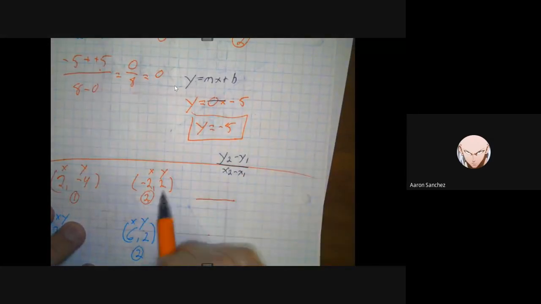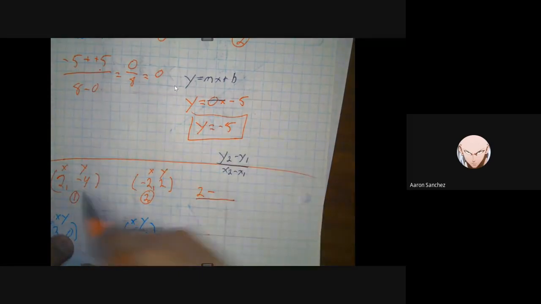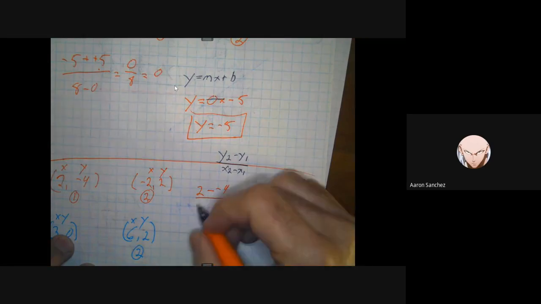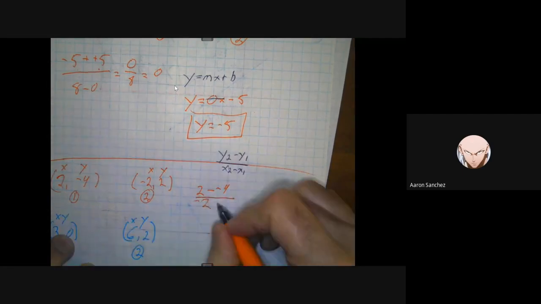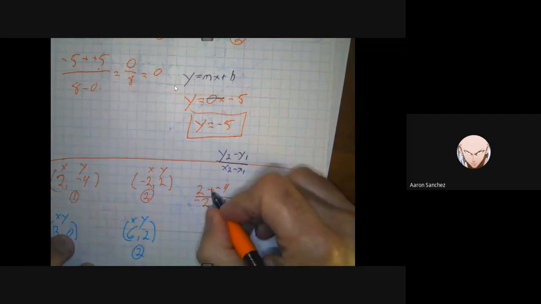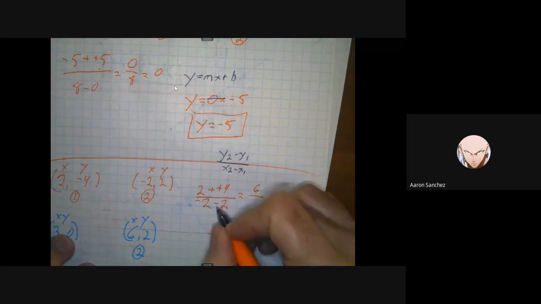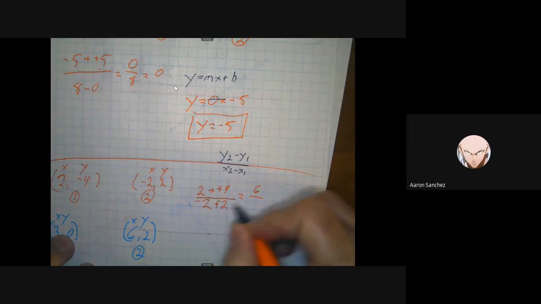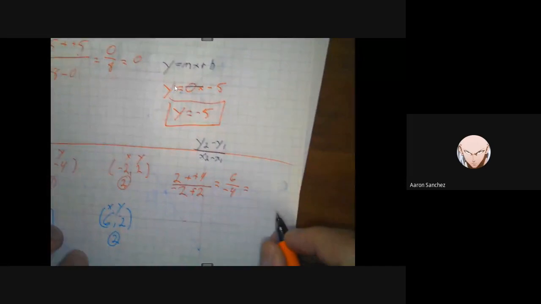Okay, so let's do the orange. Y2, 2 minus y1, -4. A lot of us, you got to make sure you change this to positive. x2, -2 minus x1, 2. So positive, positive. This becomes 6 over -4, which reduces, they're both divisible by 2.